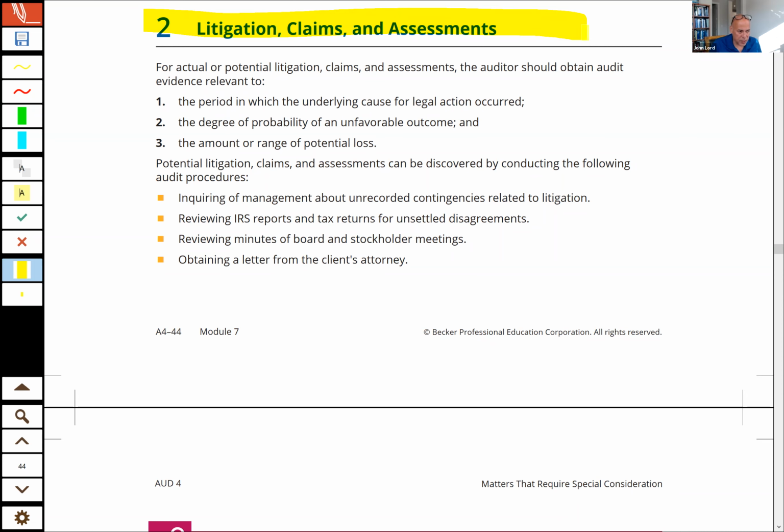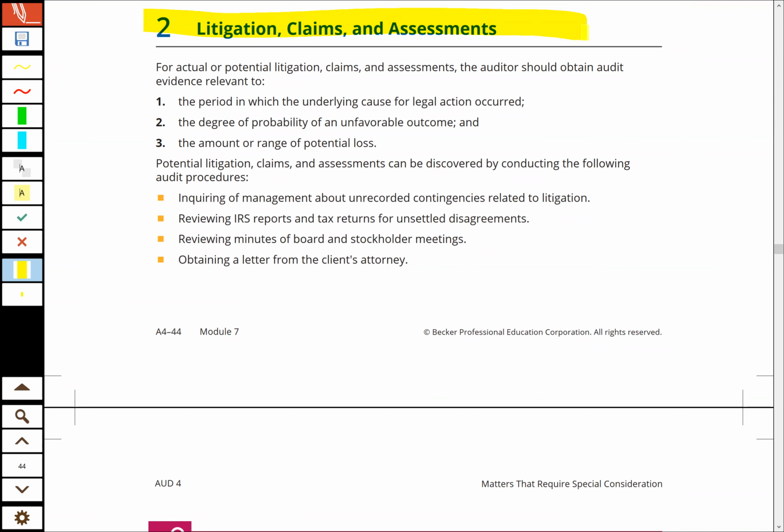What happens? We want to make sure that if there is a potential or actual lawsuit that the company comes under, it is properly accounted for and disclosed. Now, let me ask you something. If you were the CEO or CFO of a company, do you think you would know if you were being sued?